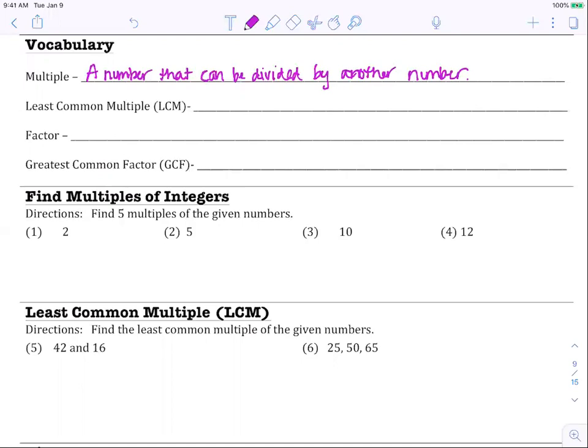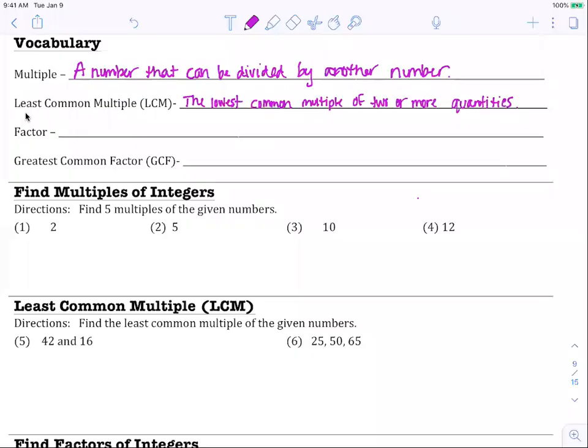Now, when we get to working with things called LCMs, this just means the least common multiple. And we always look at this whenever we're comparing usually 2 or 3 different numbers. So what exactly does it mean to be a least common multiple? It just means that it's the lowest common number of 2 or more quantities that those numbers go into.